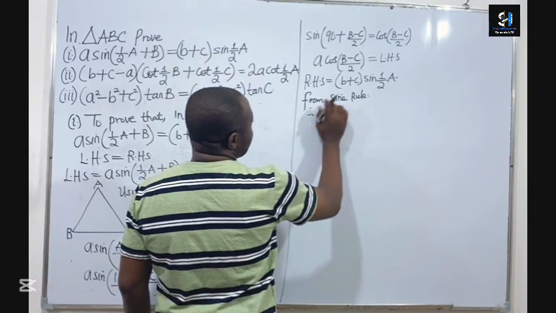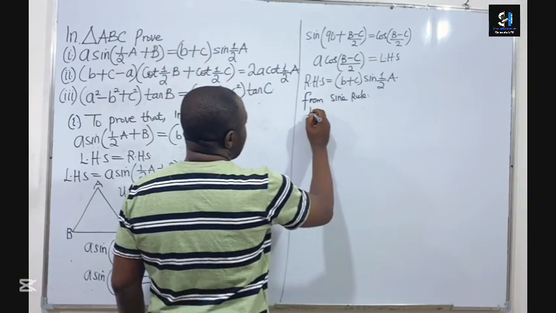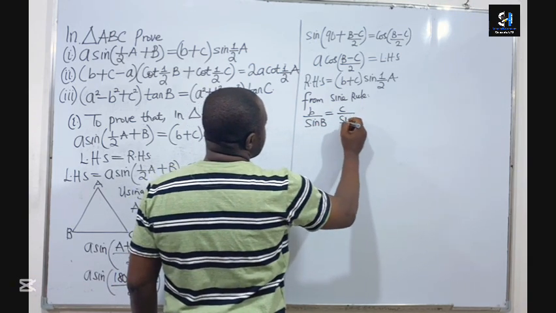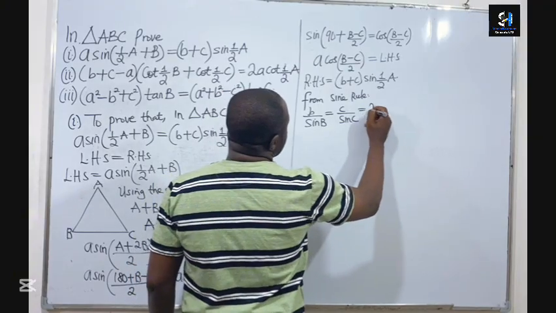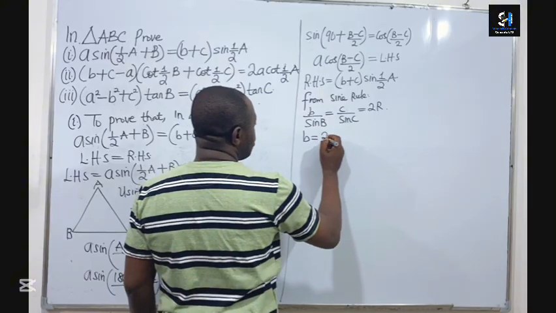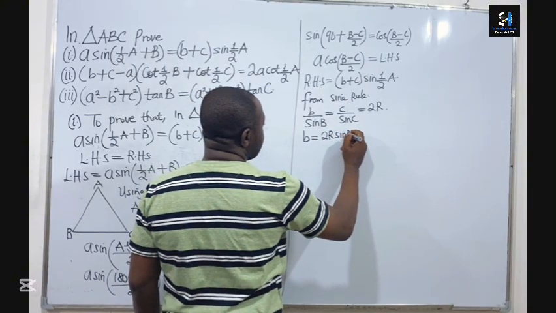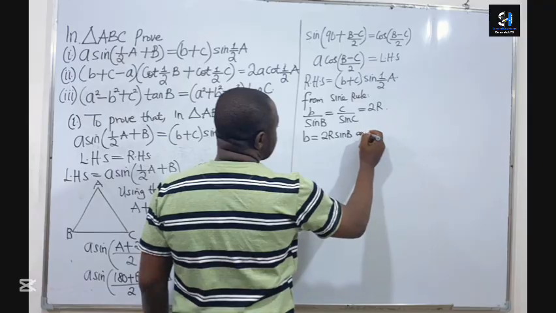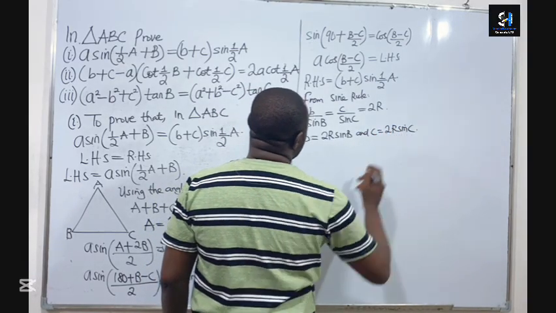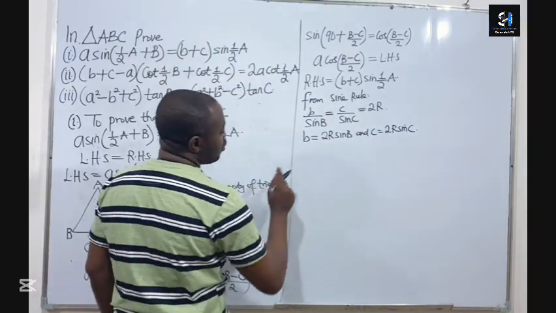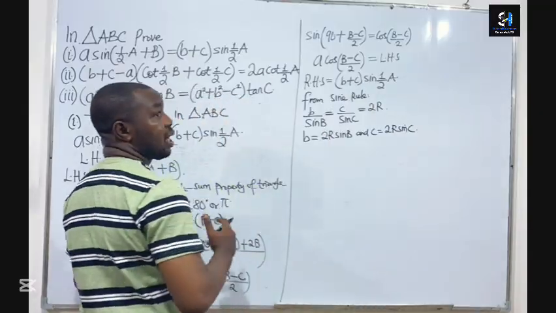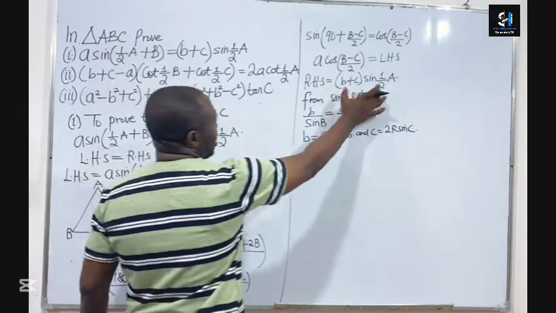From the sine rule, since we have b and c, in this case I'm going to use b over sine B equals c over sine C equals 2R. So it means that b will be equal to 2R sine B, and c will be equal to 2R sine C. So I'm going to substitute 2R sine B and 2R sine C for b and c in this expression.